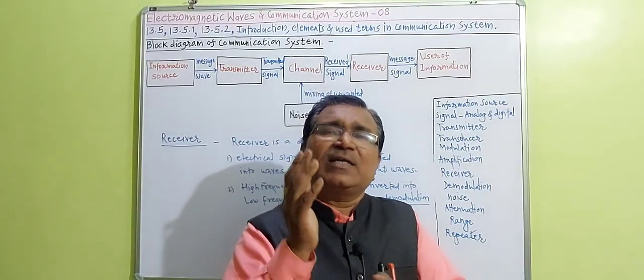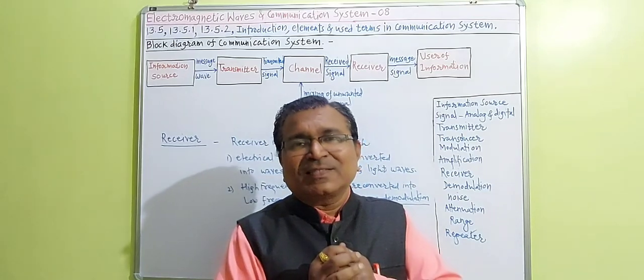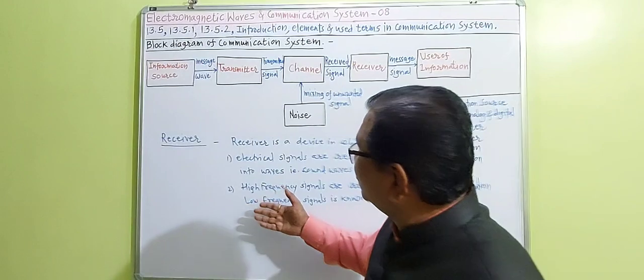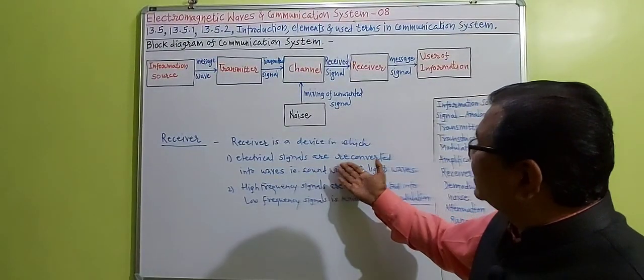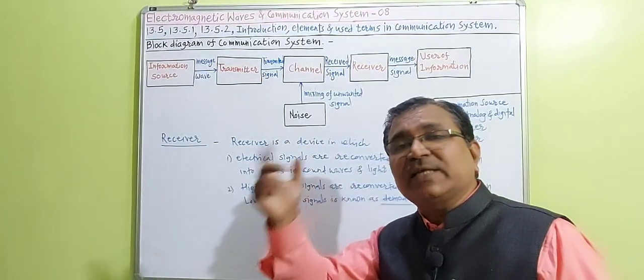Tata Sky and dish antenna are very well known examples of receiver. In the receiver, two things are happening. Electrical signals are reconverted into our original waveform, that is sound waves and light waves.